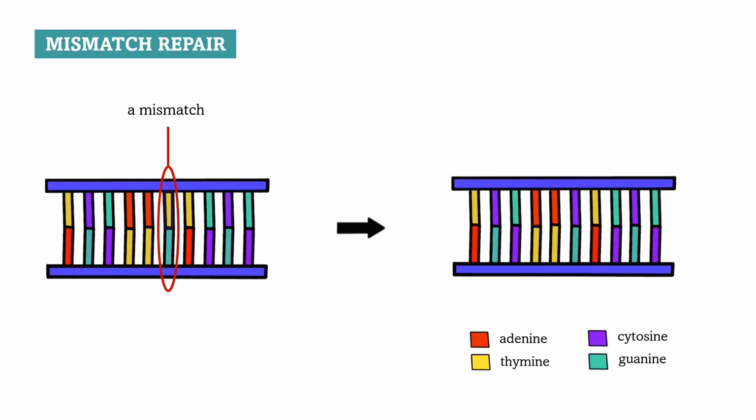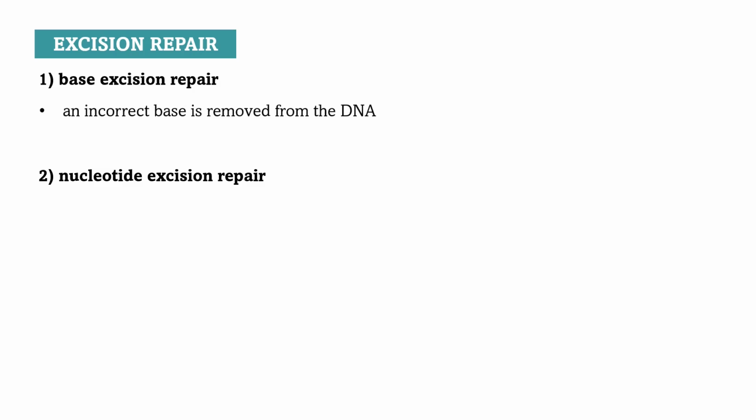Another important mechanism is called excision repair. There are two types of excision repair: base excision repair and nucleotide excision repair. In base excision repair, an incorrect base is removed from the DNA using the basic steps of DNA repair we've talked about. Nucleotide excision repair is used to repair more serious damage to the DNA, such as thymine dimers that distort the double helix.